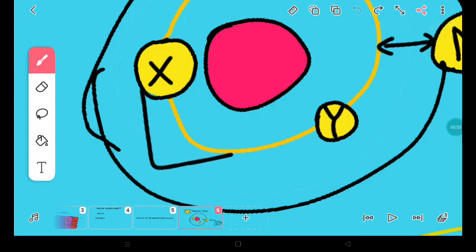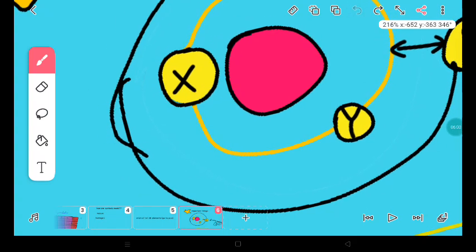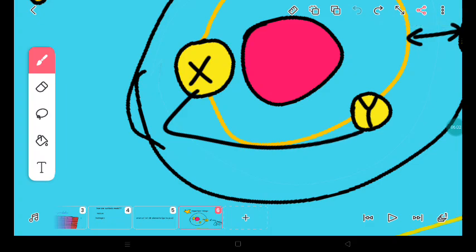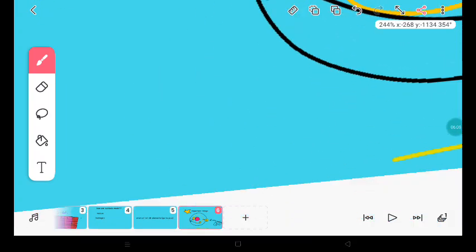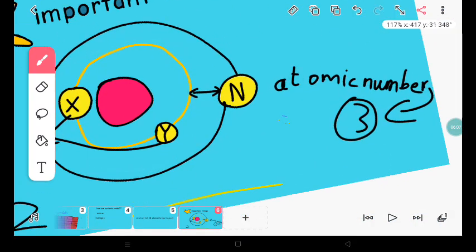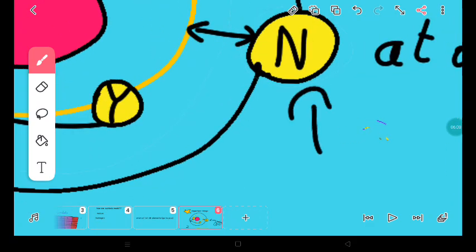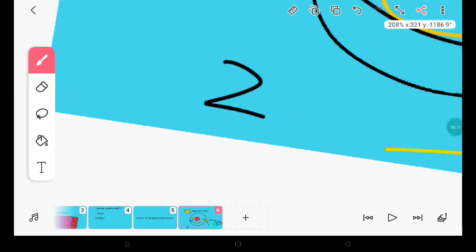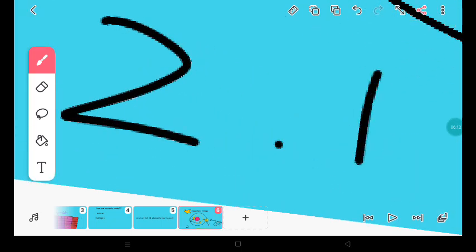Suppose the number of electrons in the first electron orbit is 2. So 2 here. The number of electrons in this electron orbit is 1. So we will add a dot here and then write 1.